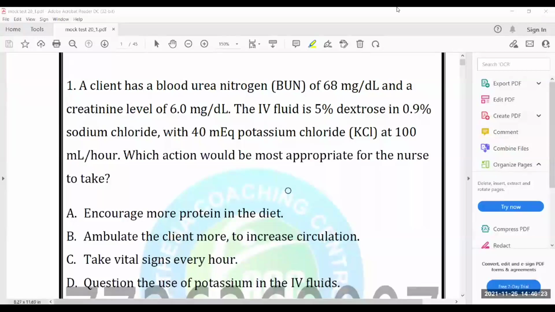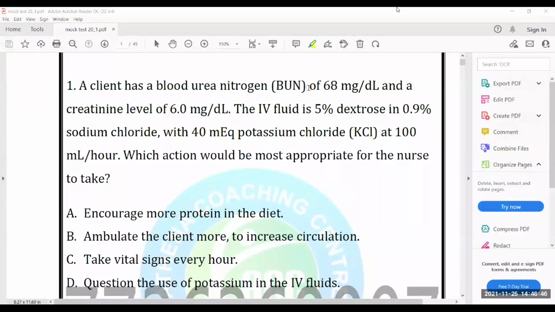The answer is, this patient has some renal problem because creatinine is high. Creatinine normal value is a maximum of 1.2 or 1.3 mg per deciliter, but it is 6, so it is high. So there is a renal problem here.